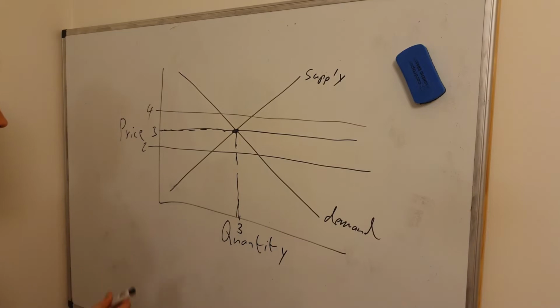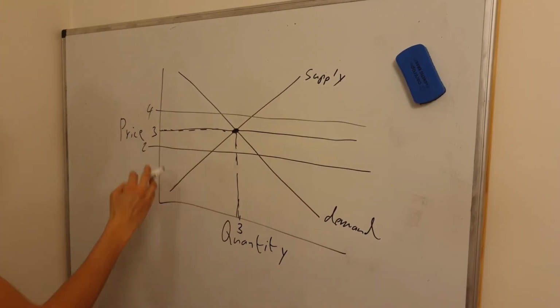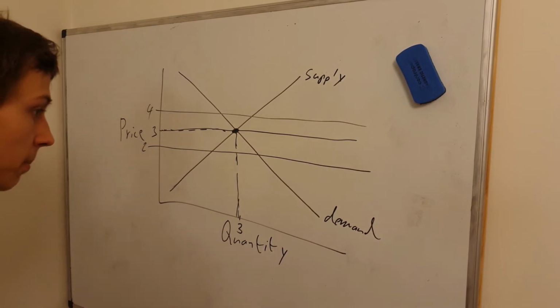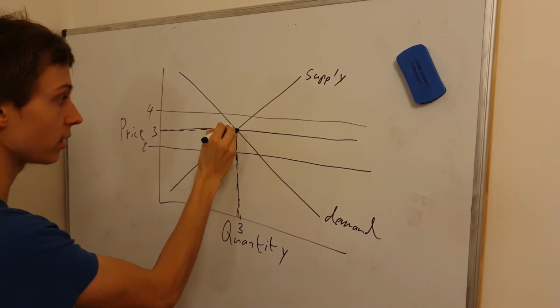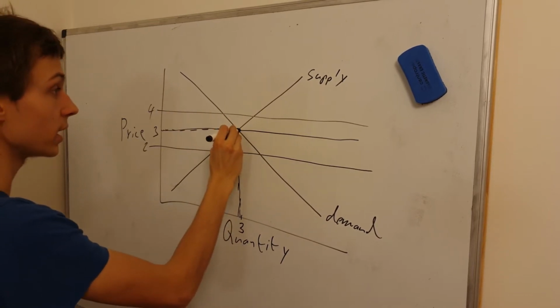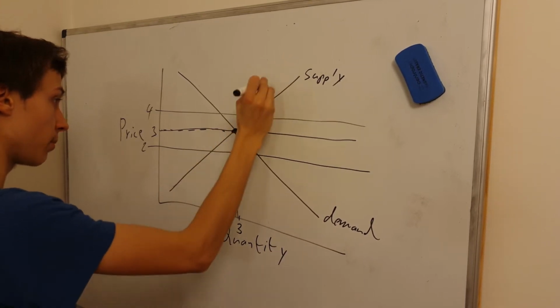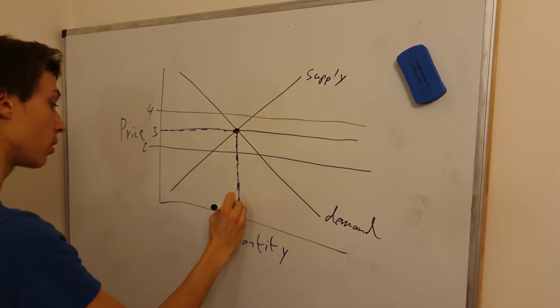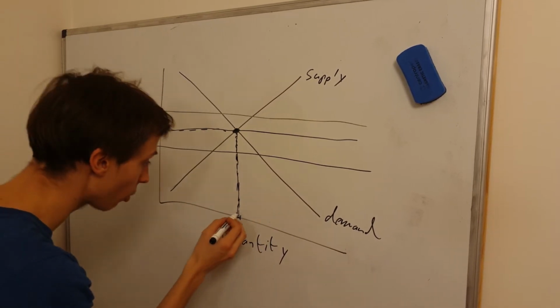So when we have our natural quantity and price, there's no disparity between quantity demanded and quantity supplied, because you see both lines intersect at this point. That's why it's an equilibrium. You trace back the quantity supplied by taking that point on the supply curve and going down to the axis of quantity, and you see quantity 3.